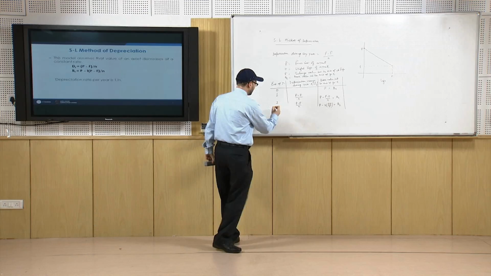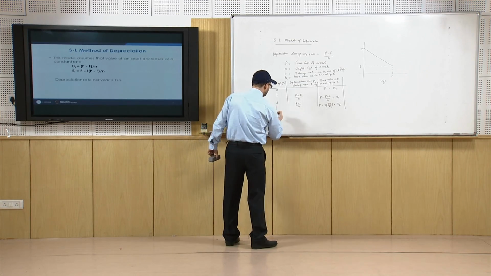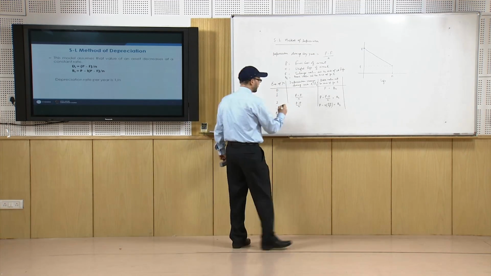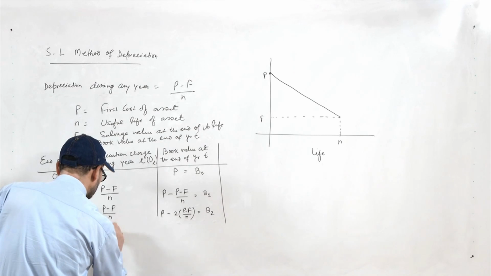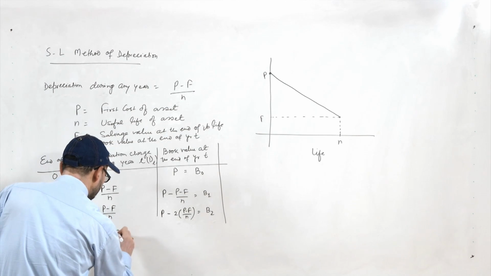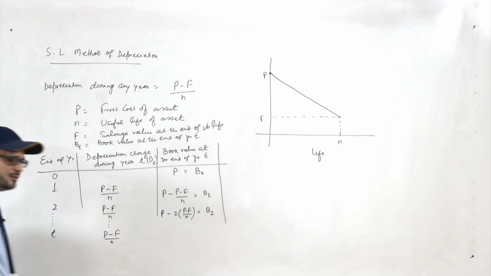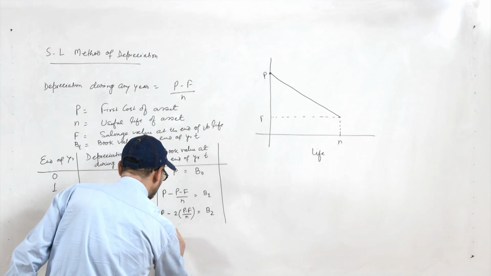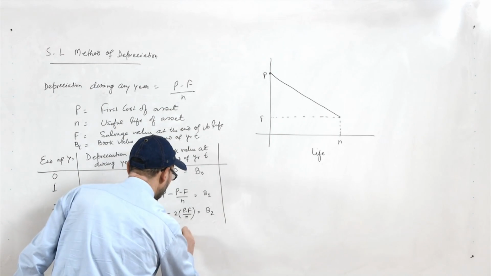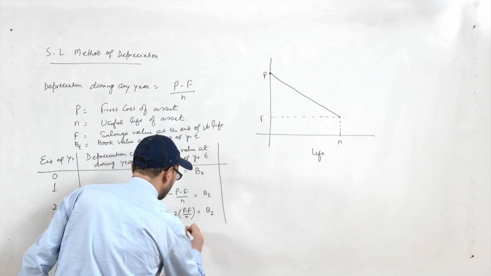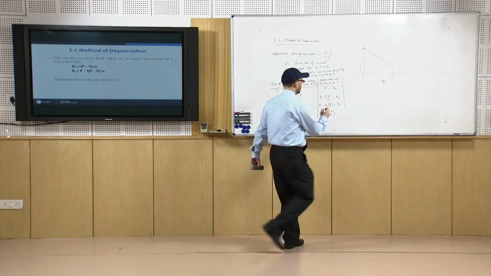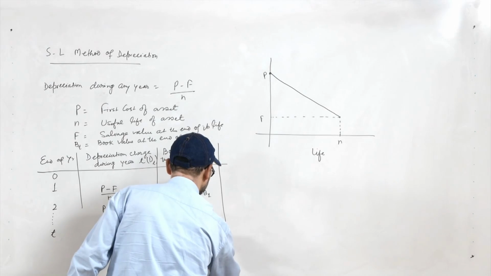This way we can have the general expression: at the end of the t-th year, the depreciation charge is constant as (P minus F) upon n, and the book value at the end of year t will be P minus t times (P minus F) upon n, and this will be expressed as B t.